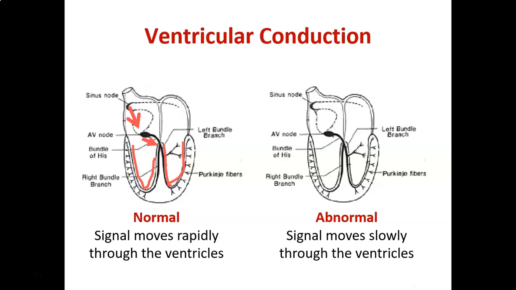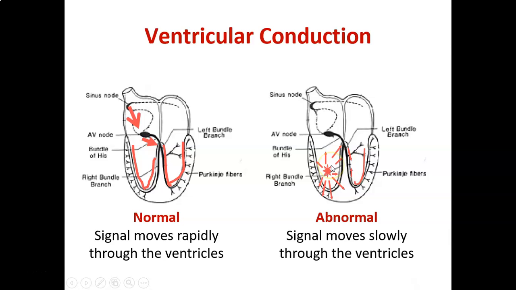But in case of ventricular arrhythmias, the impulse may originate from the myocardial muscle and keep circulating within the ventricles.